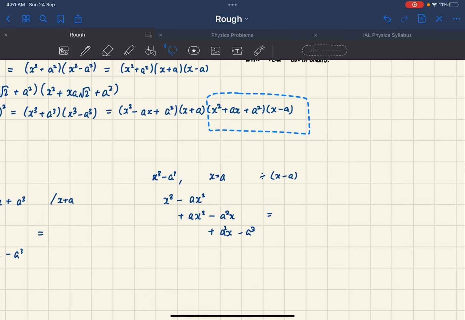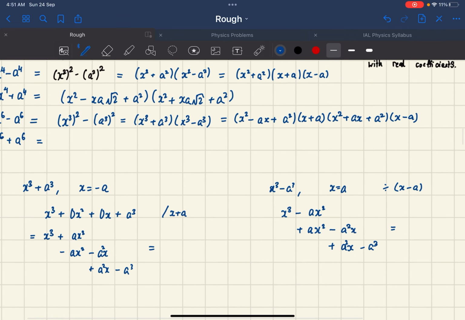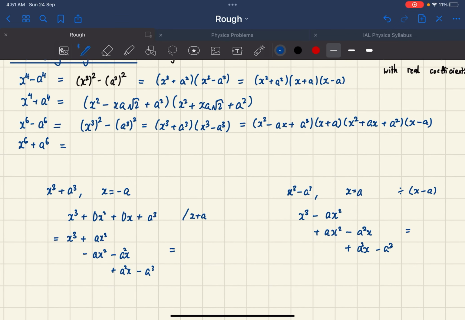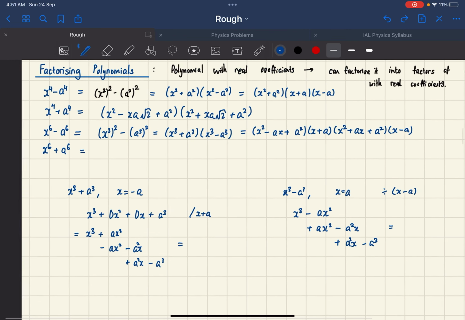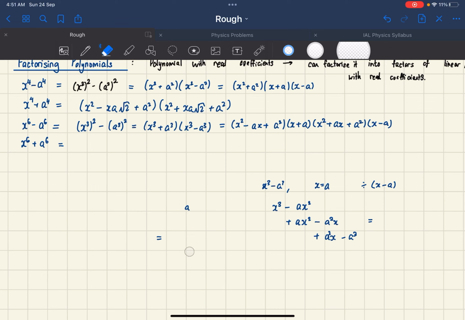This quadratic factor, we cannot factorize further or else we will get complex roots. So that isn't that bad, right? Boom. We can factorize this order 6 polynomial into quadratic and linear terms with real coefficients.